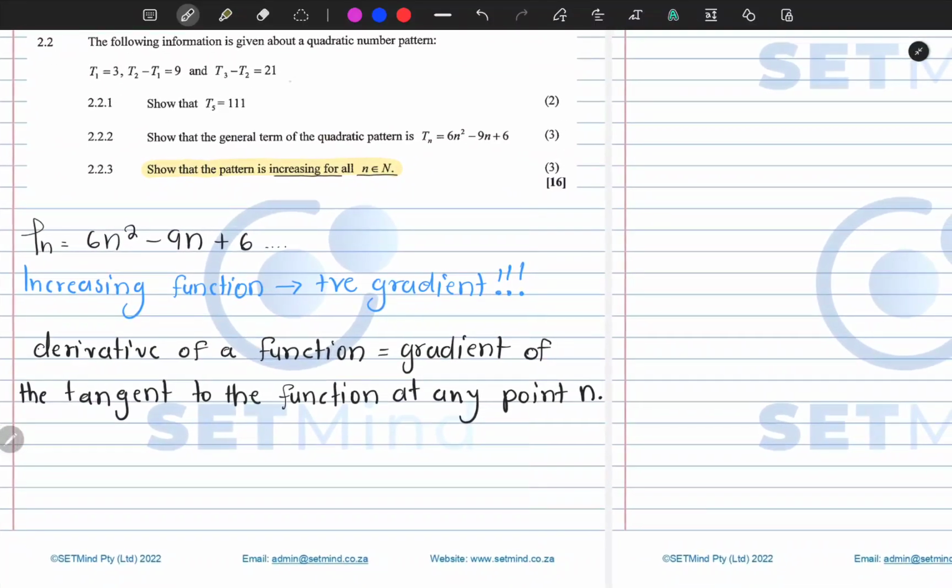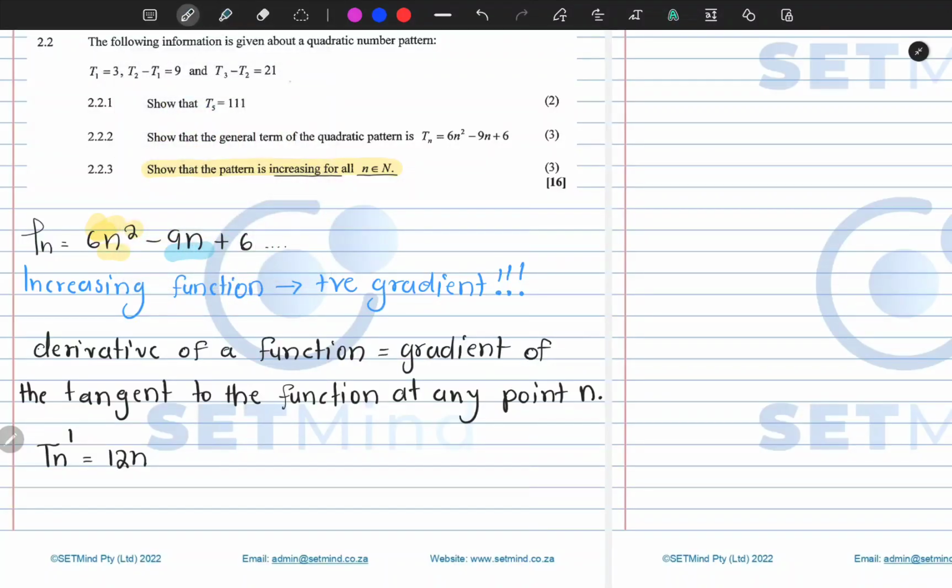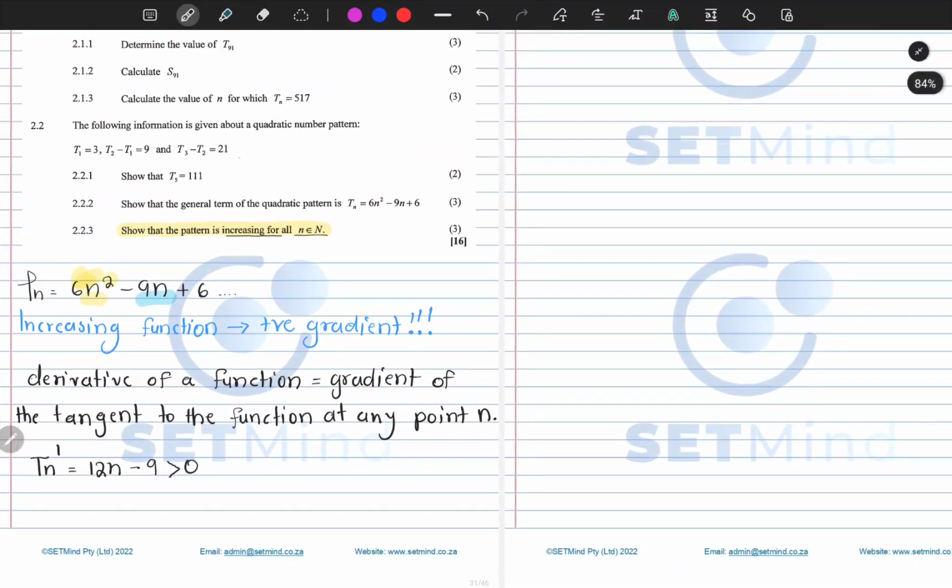So we can easily find the gradient of this function by simply finding the derivative of this function. The n squared there will drop the 2, which will multiply with the 6, which will give us 12n. And then when we differentiate 9n, we will get 9. What we want is the gradient to be greater than 0, because we want to check for what n values the function has a positive gradient, meaning it is increasing.